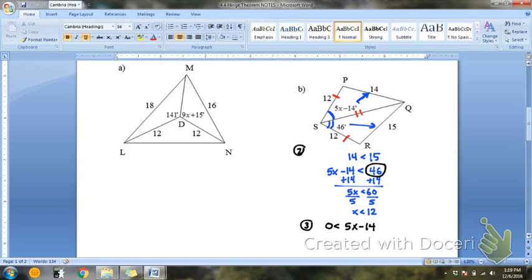Rena, you might want to write some of this down. Does 14 over 5 reduce?